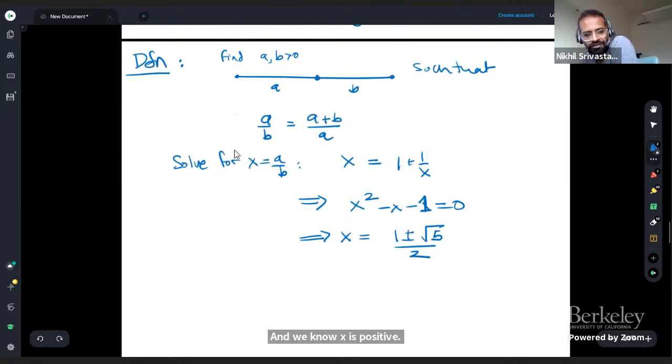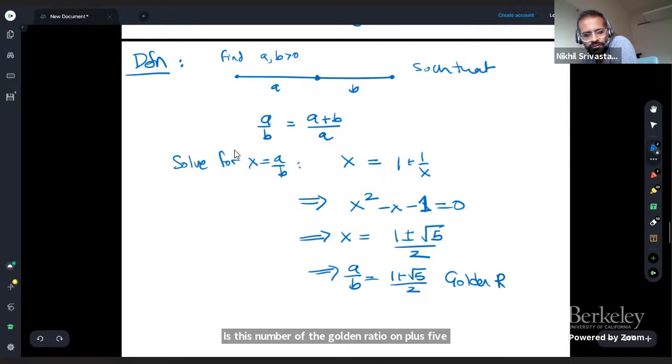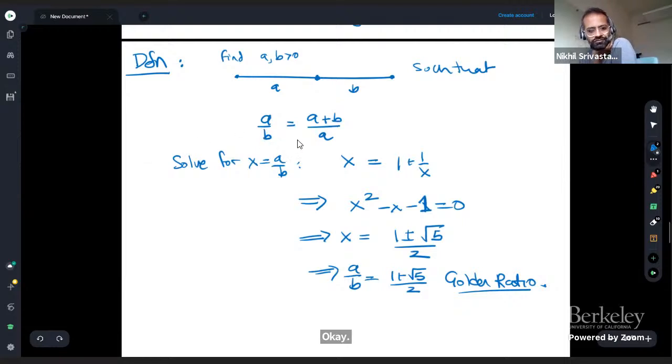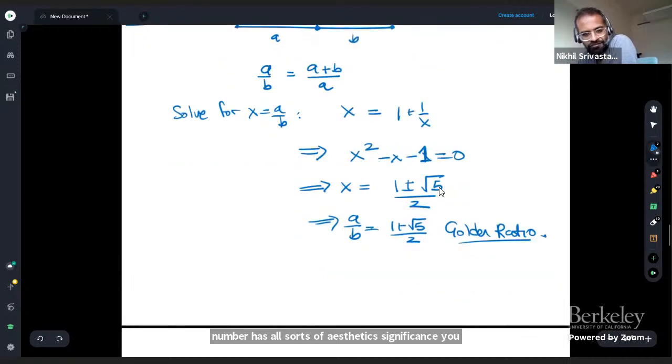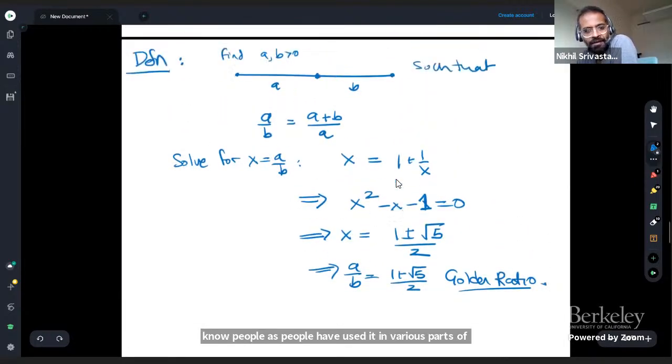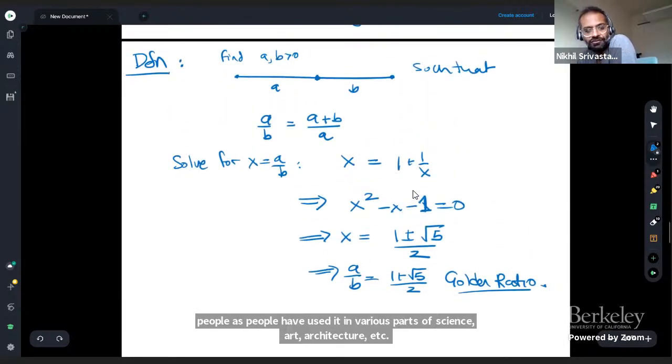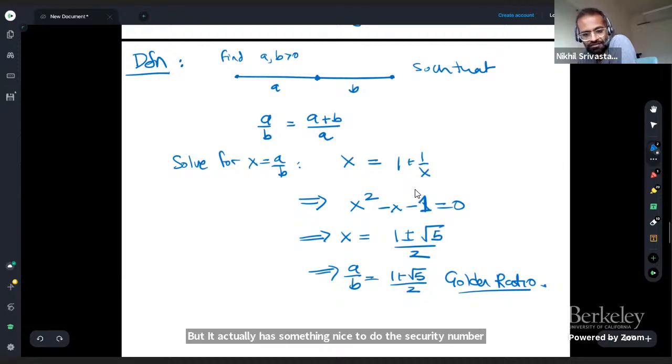And so A over B is this number, the golden ratio, 1 plus square root 5 over 2. Okay, so this number has all sorts of aesthetic significance. You know, people have used it in various parts of science, art, architecture, etc. But it actually has something nice to do with the Fibonacci numbers, which is not obvious.